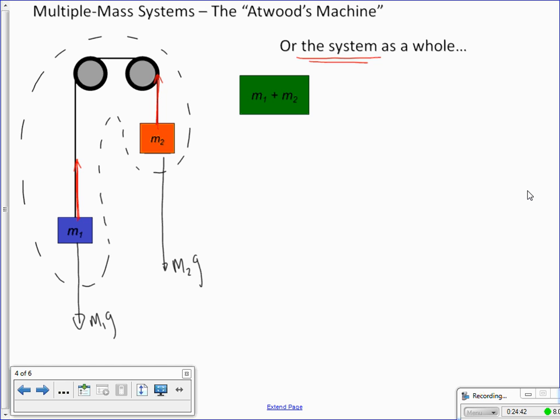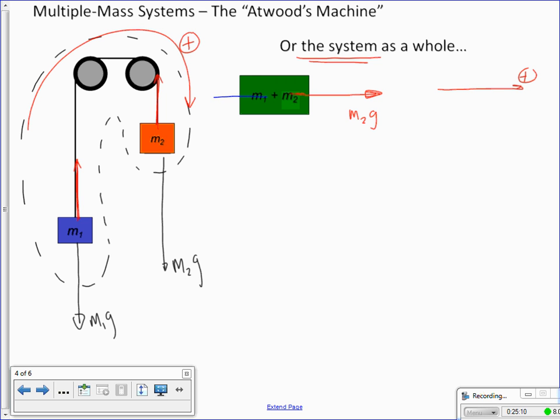And what we can do is say that, like we said before, this is our positive direction. M2 experiences a force in that positive direction, and it's M2G.